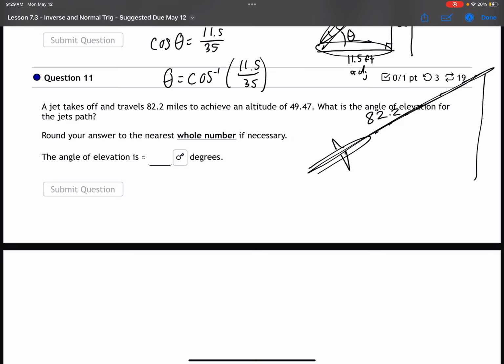The altitude, which is how high up it is, is 49.47. I'm running out of space here, but you can see what we're trying to get at. And they say, what is the angle of elevation? We would set this equation up as sine theta is 49.47 over 82.2, and then solve that equation for theta, and that would be our answer.